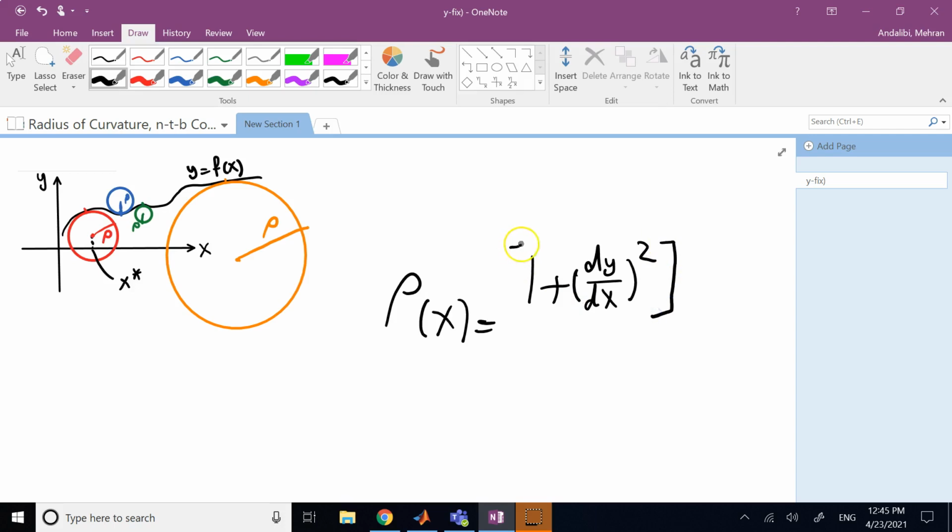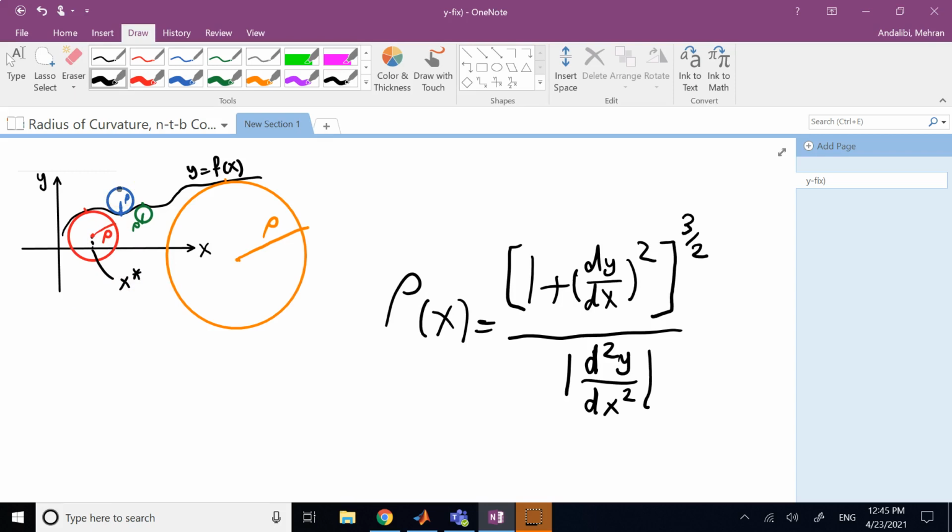And then this numerator is to the power 3 over 2, divided by the magnitude of y double prime. And these functions of x can be evaluated at any point. So if I evaluate it at x star, it gives me this rho. If I evaluate it at the next x, it gives me that rho for that location, and so on and so forth.